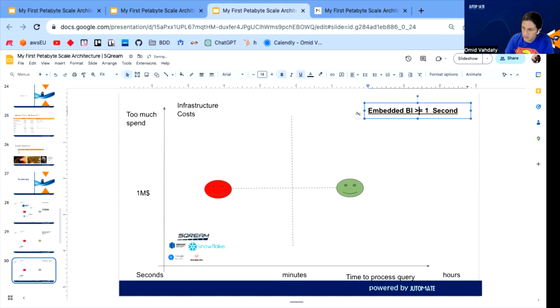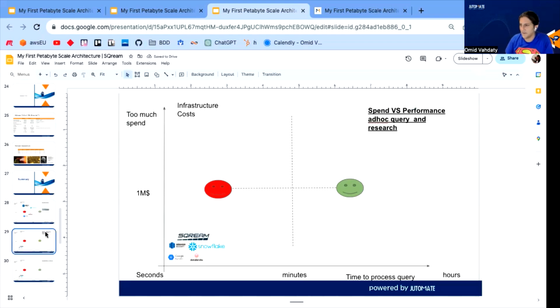Let's make it like this: smaller or equal to 10 seconds. They are more or less equal, okay?